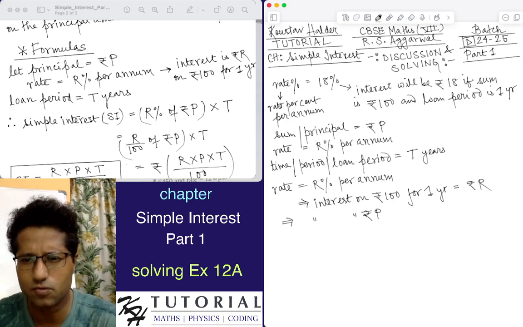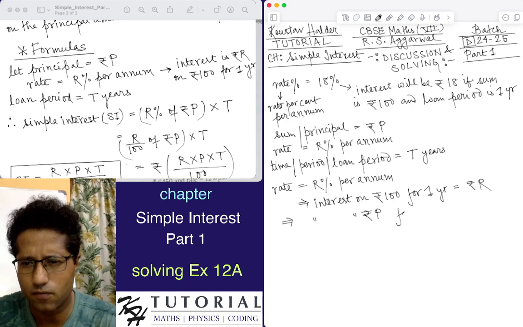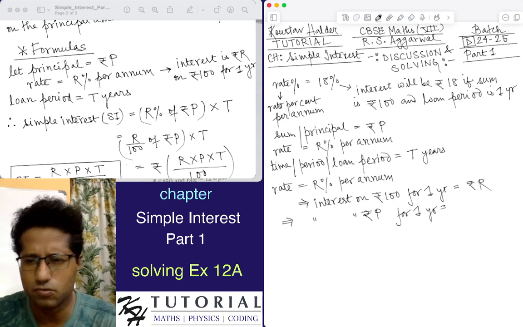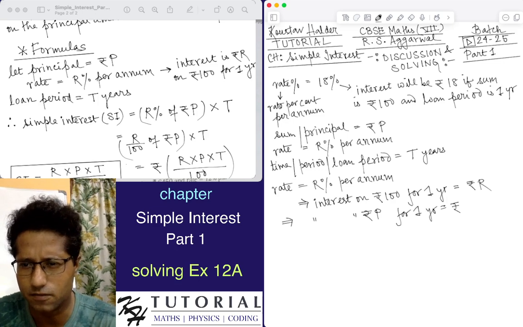So interest on rupees P for 1 year, using the unitary method, will be R by 100 multiplied by P.